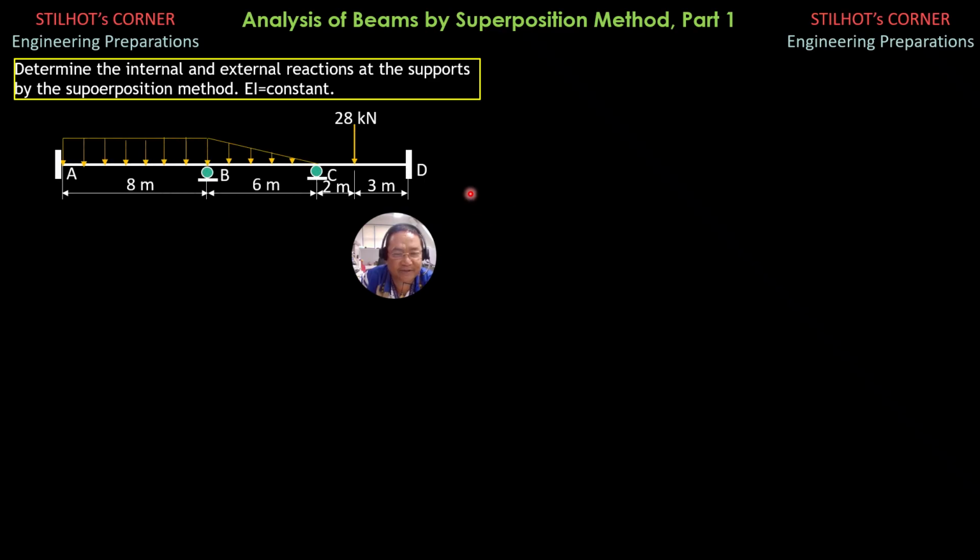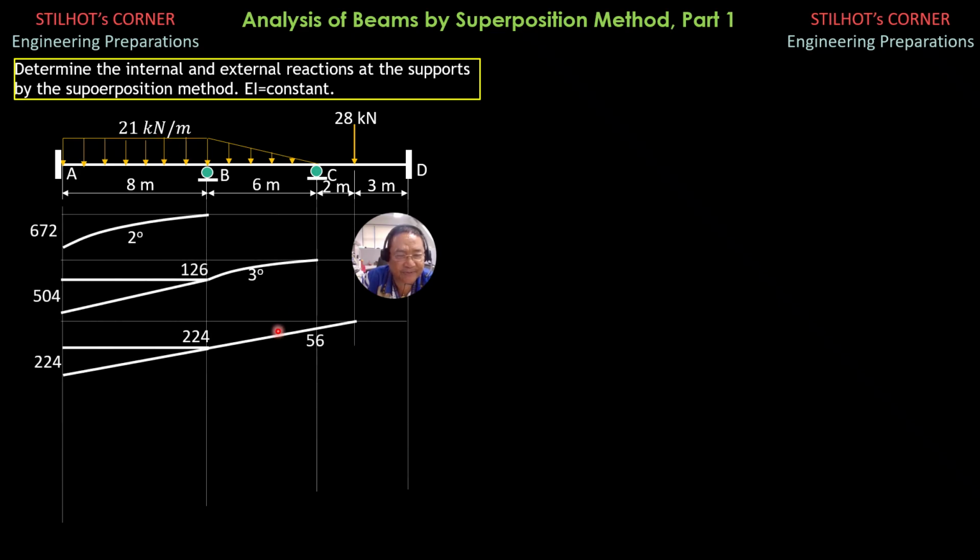So let's make the deflections and slope at the unknowns. If we are going to remove this, these will be the contributions of the loadings. This is the 21 kilonewton per meter load. So we have moment due to this loading at the fixed wall A, 21 times 8 times 4, so 672, and it is a second degree curve.